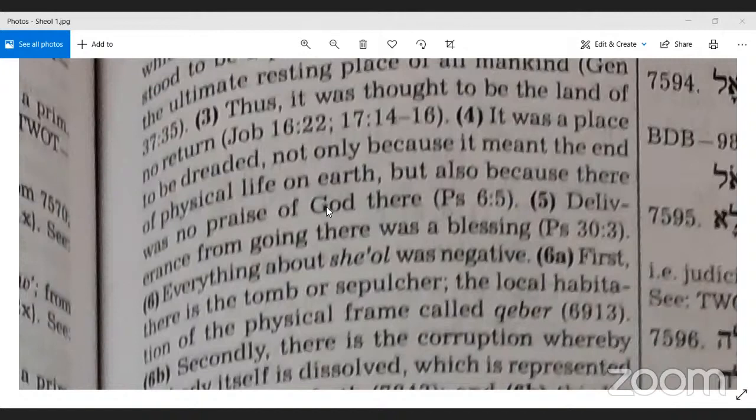And the psalmist is inferring that the physical body does not praise you from the grave. Are y'all familiar with the scripture in Ecclesiastes? I haven't looked at this in years. I'm surprised I still remember it. Where it says, in Sheol, there is no thoughts nor remembering.